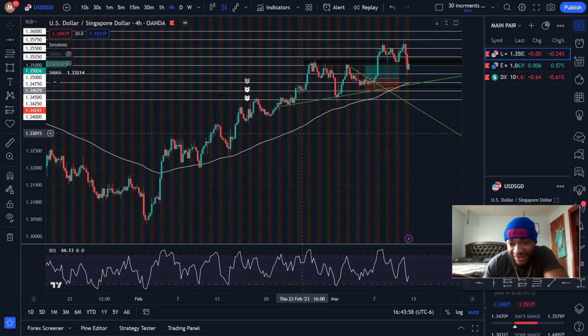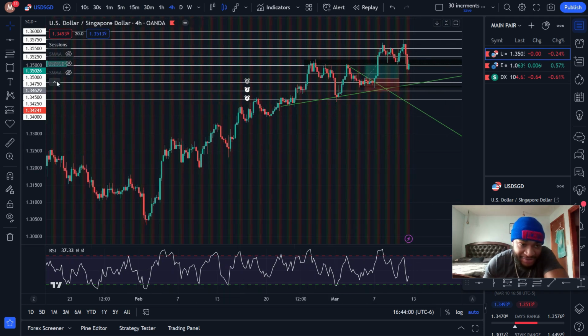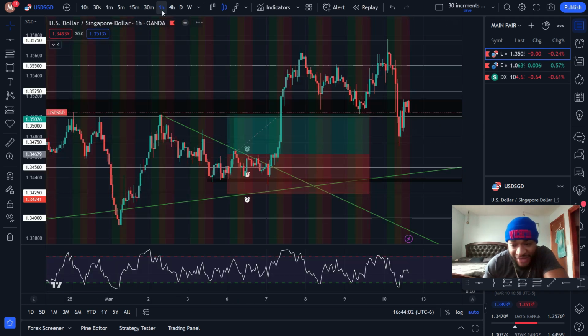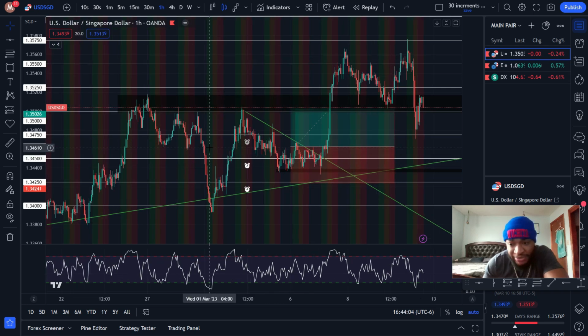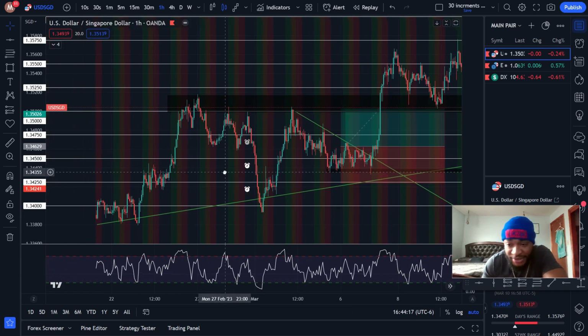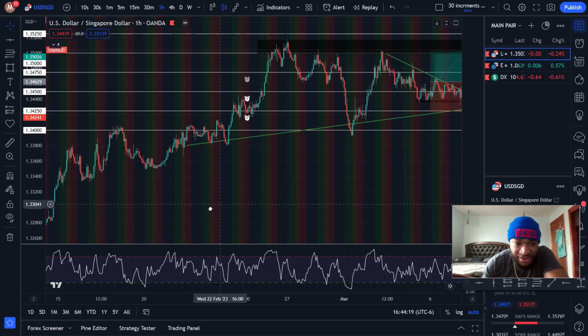But even then, I wasn't really looking at it because indicators lag, so I'm not really relying on them. Even my RSI, I really don't use it no more. But if I see it going in confluence with what I'm doing, yeah, I'm gonna use it for confirmation. But that's pretty much how I took this trade.